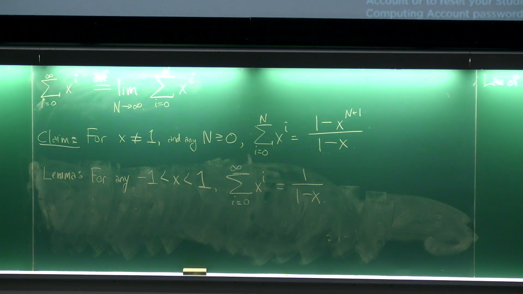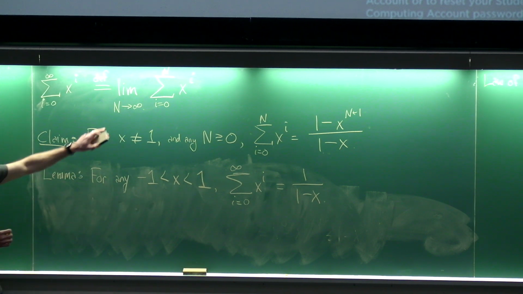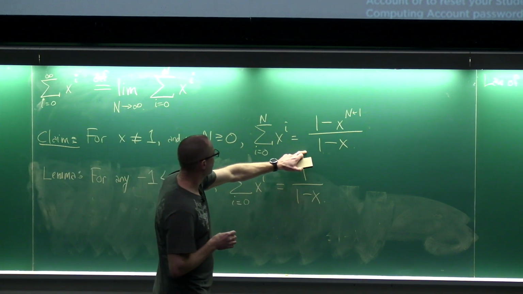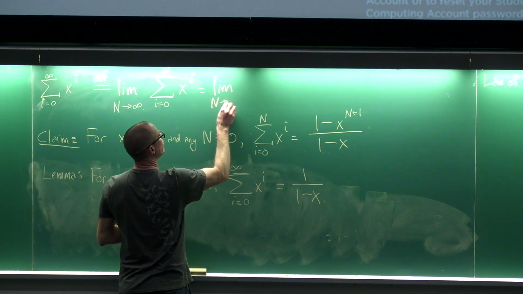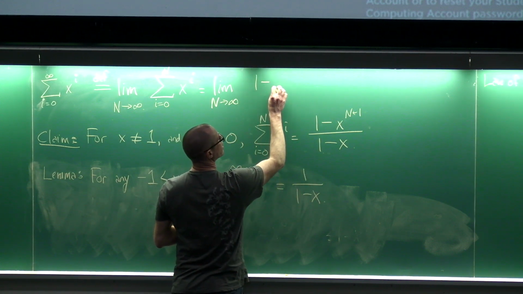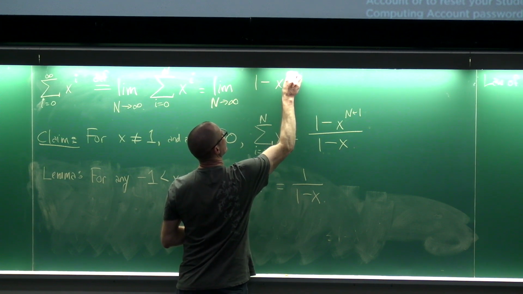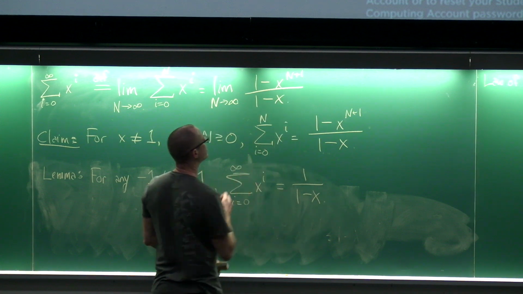So why is that the case? Well, the sum i equals 0 to infinity of x to the i, by definition, is equal to the limit as n goes to infinity. We figured that out. It's this thing, 1 minus x to the n plus 1 over 1 minus x.